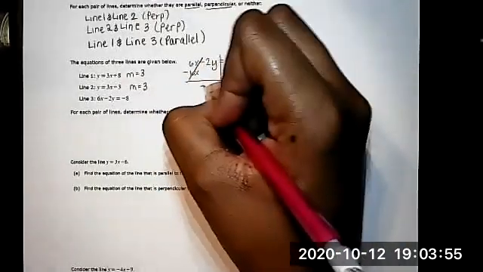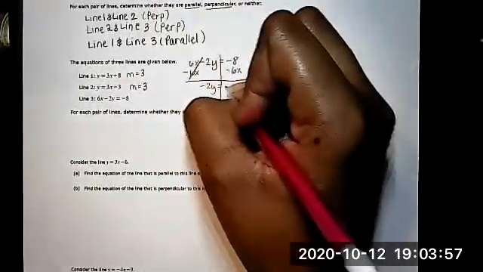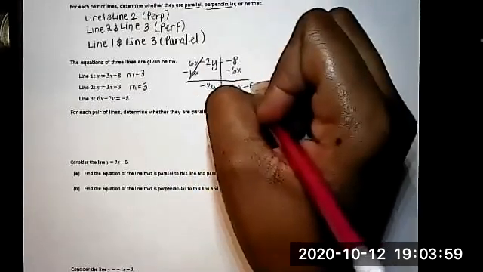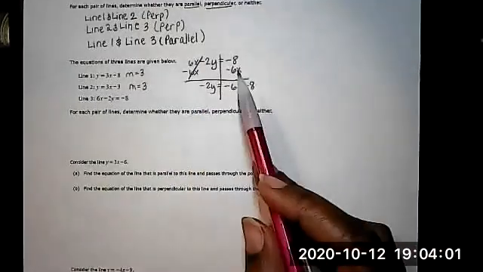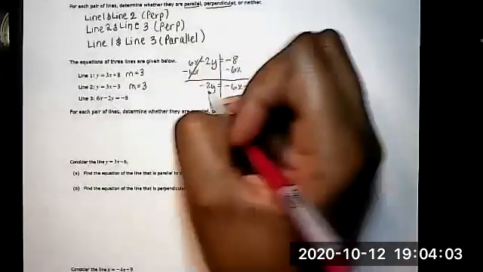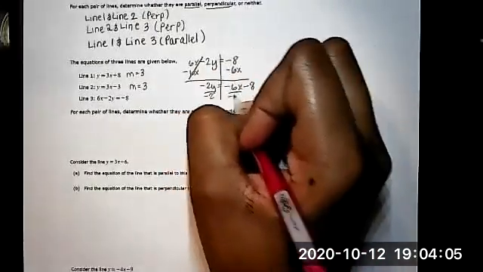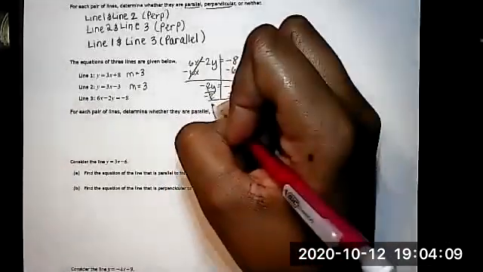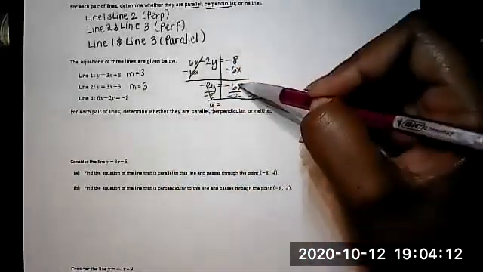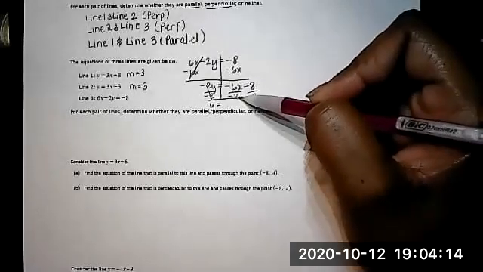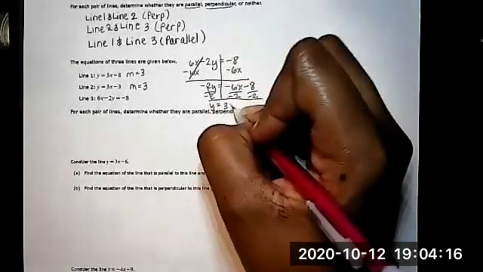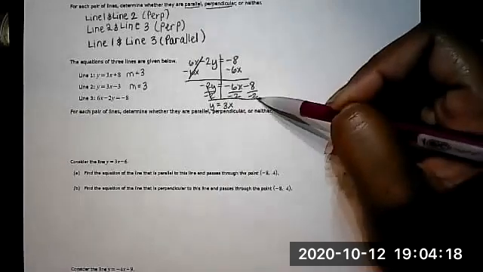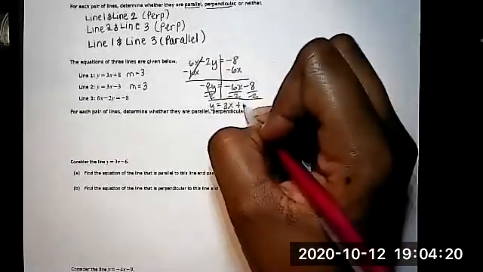And this becomes -2y equals -6x minus 8. I just put them next to each other. Divide by -2 every single term. So this now becomes y equals -6 divided by -2 is positive 3x. -8 divided by -2 is positive 4, plus 4.